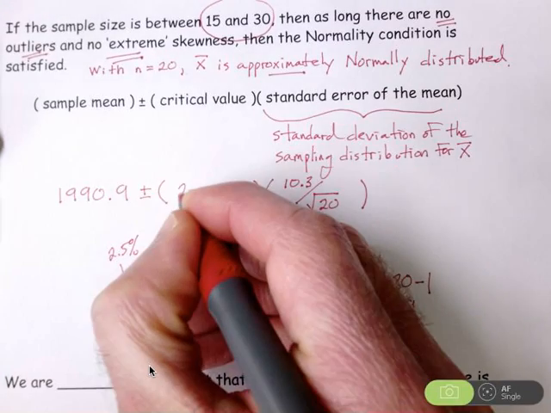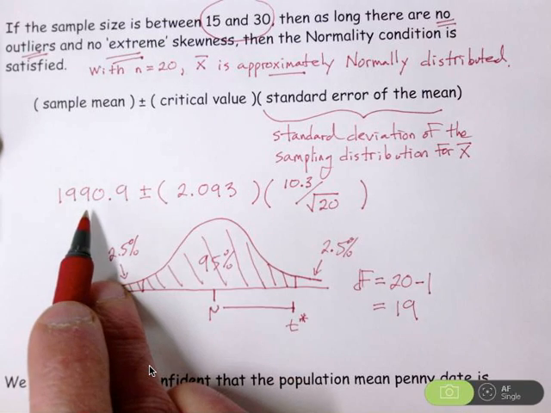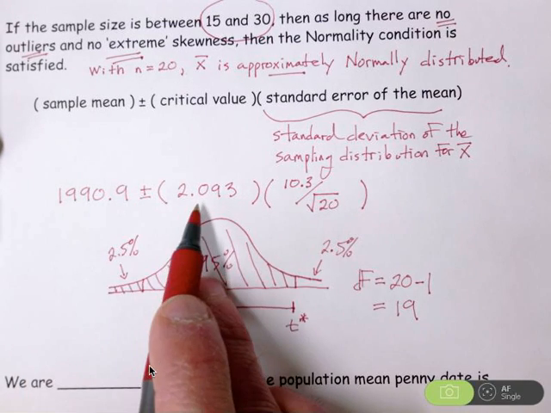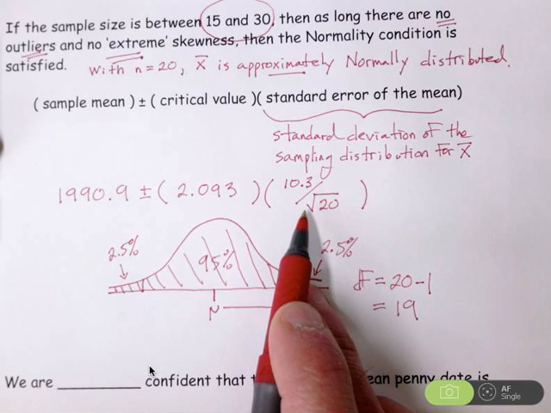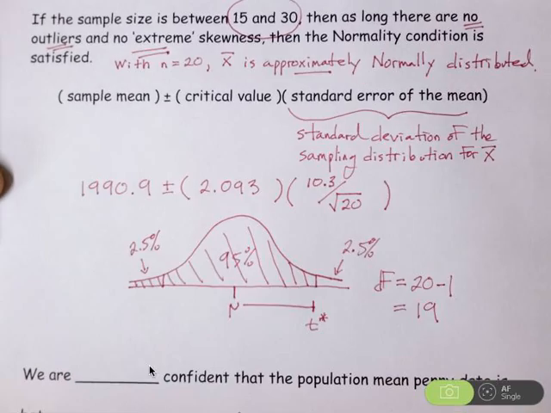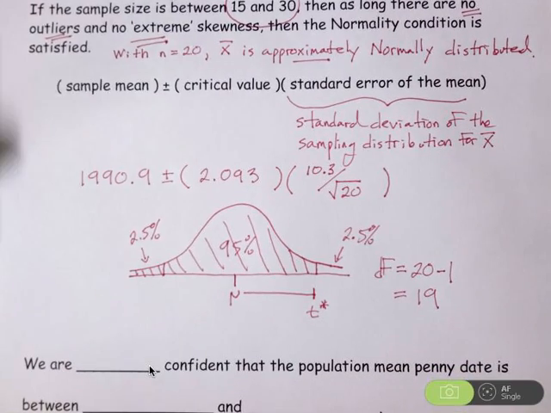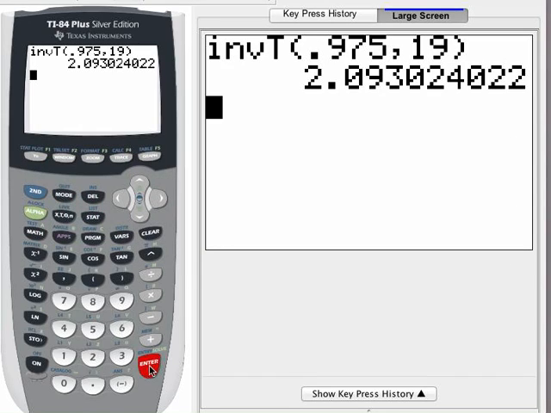That tells me, starting from my sample mean, I want to add and subtract 2.093 of my standard errors for the mean above and below my sample mean in order to create the boundaries for my confidence interval. So I'm going to type that into my calculator here.